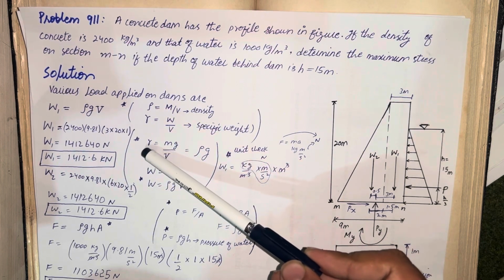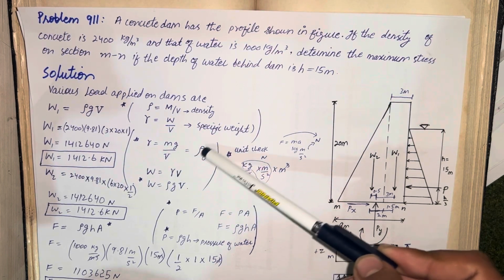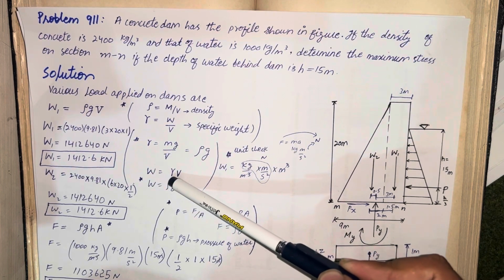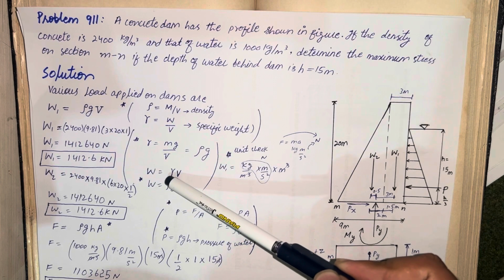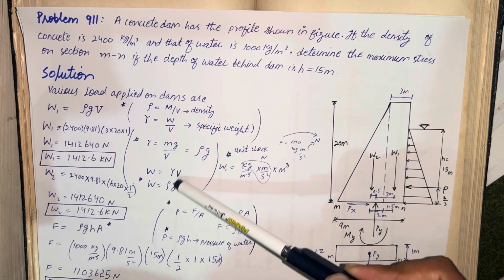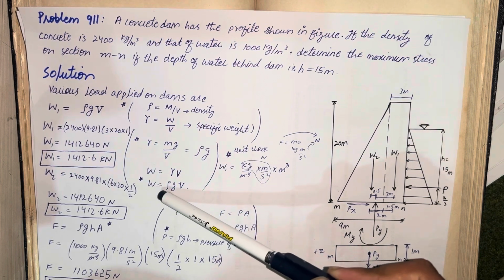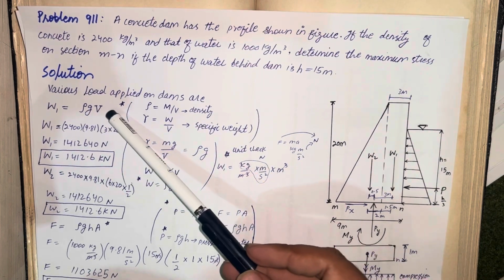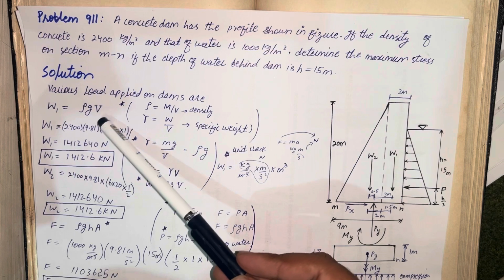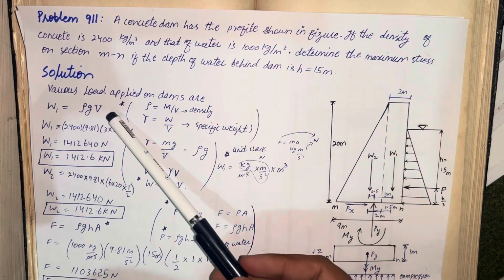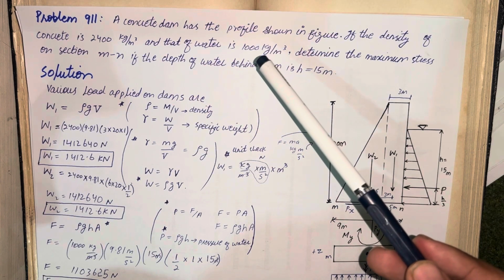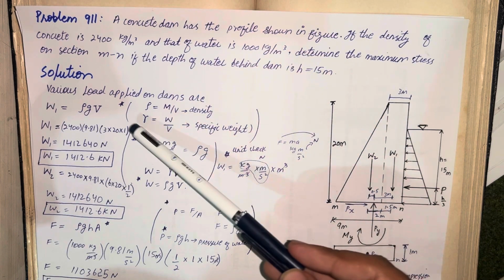As earlier we have found the value of gamma, which is equal to rho g, so here put the value of gamma. W will be equal to rho g into V. So here is the final equation of the weight. So that's why this formula came this way. In a simple way, this formula came from just rearranging the formulas of the density and the specific weight.